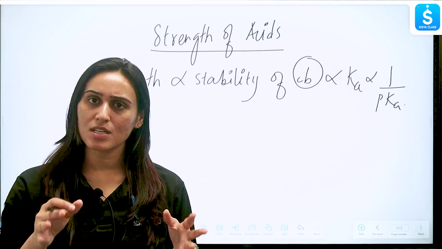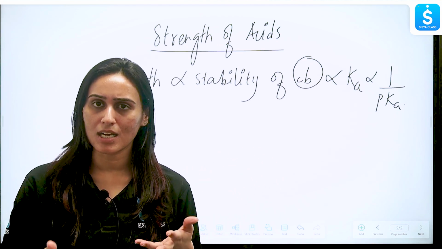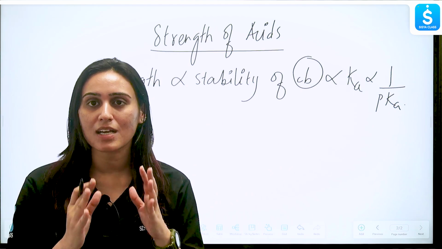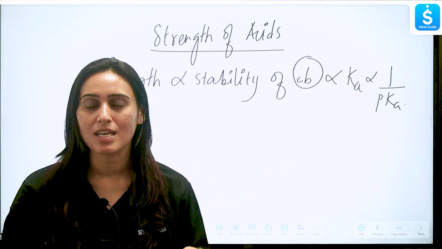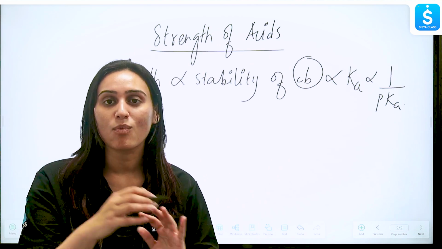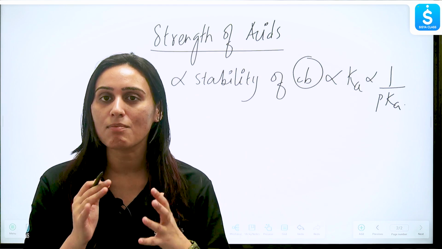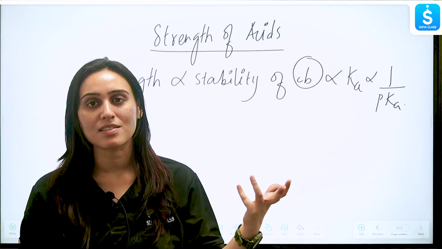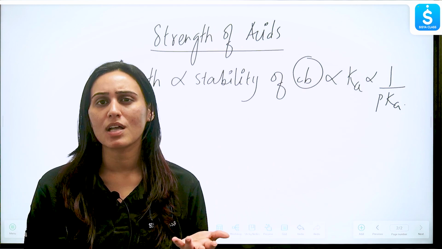By resonance, we can stabilize a negatively charged species. If the charge is present at a single location, it is localized and always unstable. If you can delocalize it, if you can move that charge around, you are stabilizing your species. Let's talk about that carboxylic acid and phenol and let's find out which one is more acidic.